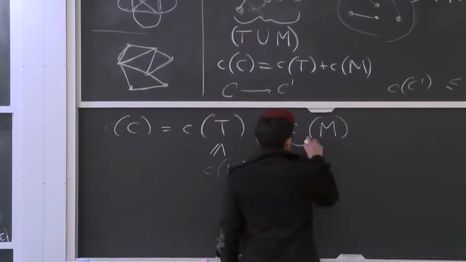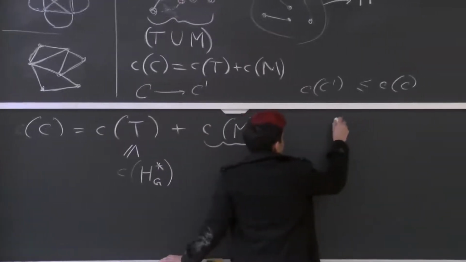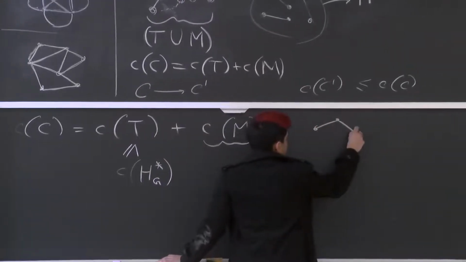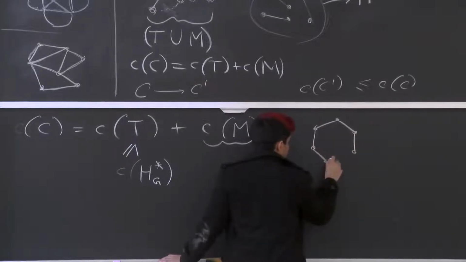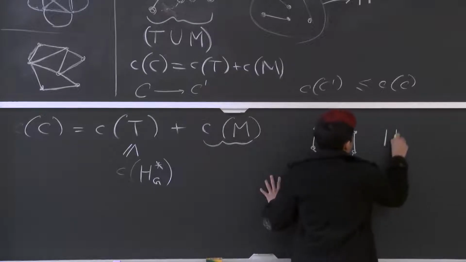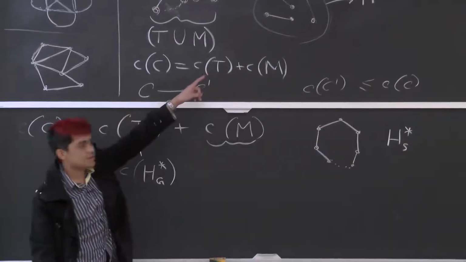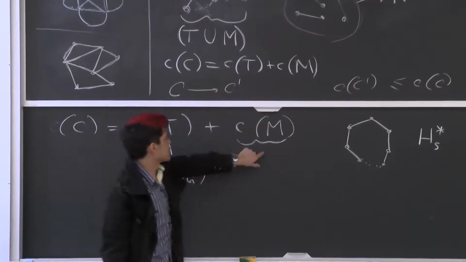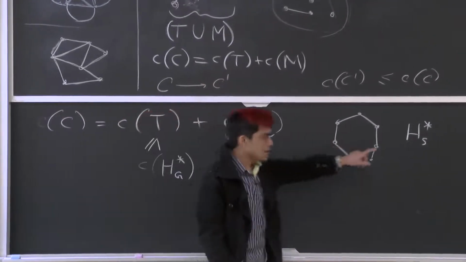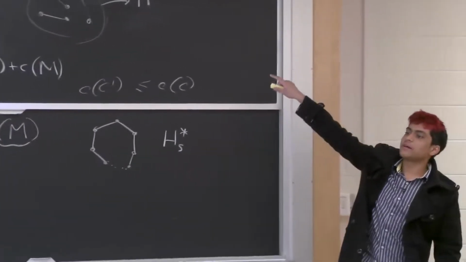What about this guy? Well, let's look at the actual h star g again. So actually, let's look at h star s. Remember that S is the set of odd vertices, and that is where this matching is done. So h star s is nothing but the optimal Hamiltonian cycle on that restricted graph.